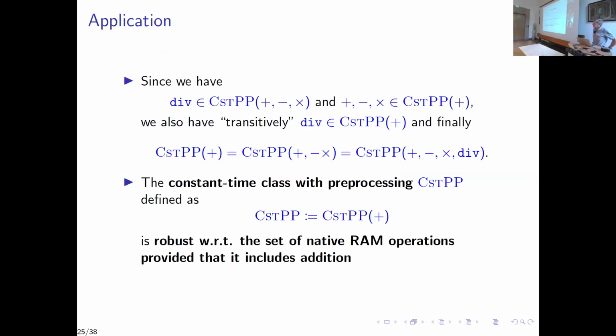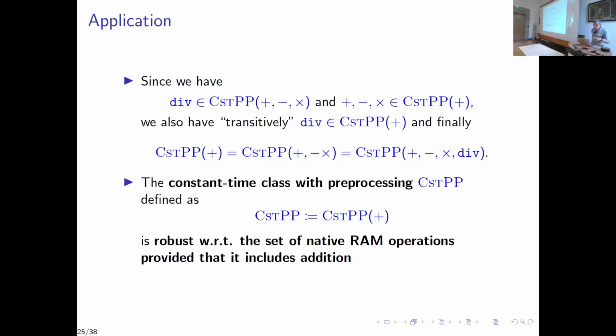For example, an example of application: if you have seen that division is computed in constant time, I skip linear preprocessing, and if we can do the same for addition, multiplication, and subtraction using only addition, transitively, division can be computed in constant time using only addition.